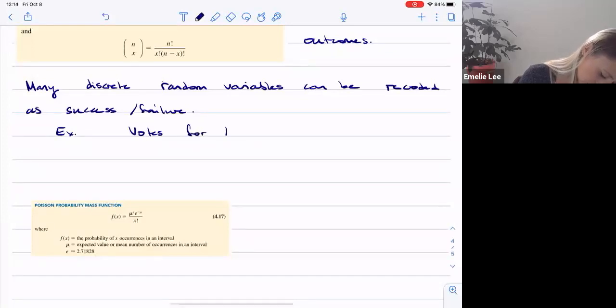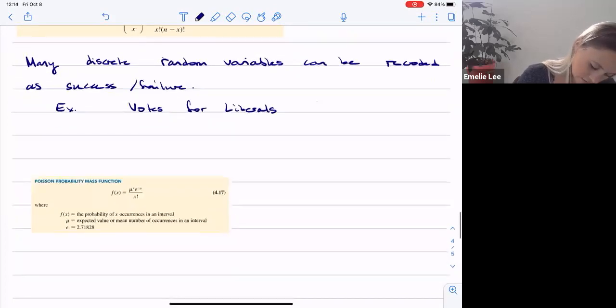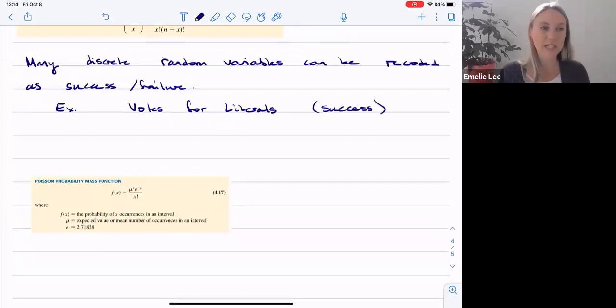votes for Liberals would be, if that's what we're interested in, so the success is always going to be whatever we're interested in. So if we're interested in if you voted Conservative or if you voted NDP, then that would change the success situation.